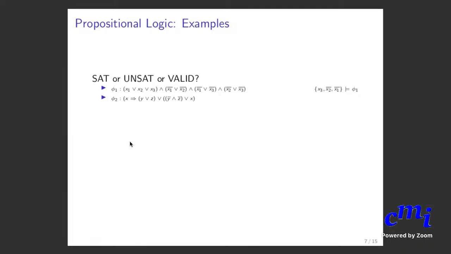So the question was, this is certainly satisfiable. Is it valid? For the validity question, you will have to find an unsatisfying assignment, and then it's not valid. One way to check is to try every possible assignment.